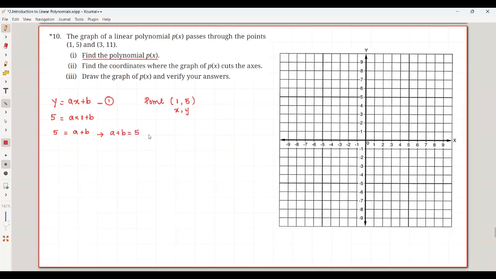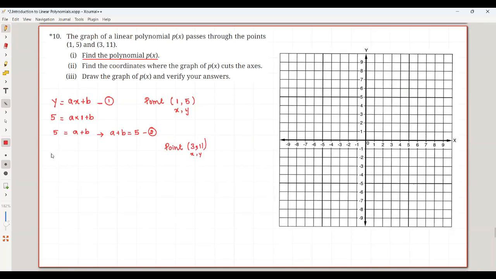Now this is the second equation. Next, we take the point (3, 11). This is the x value, this is the y value. In the place of x you substitute 3, and y is equal to 11.